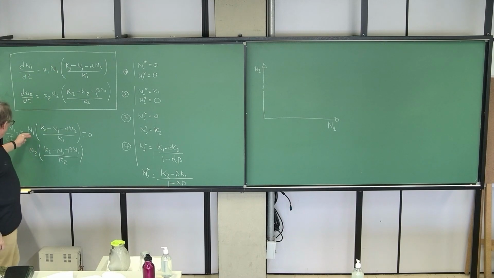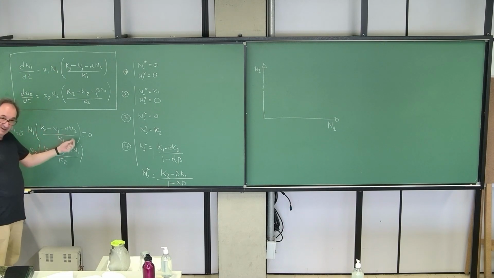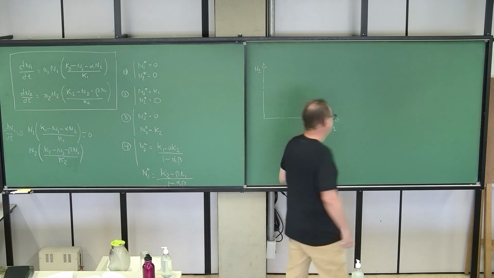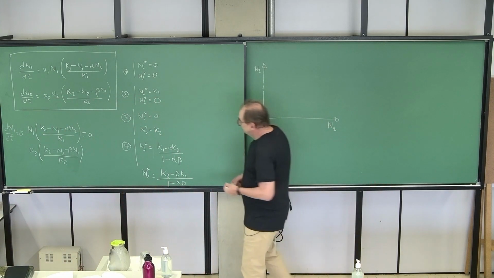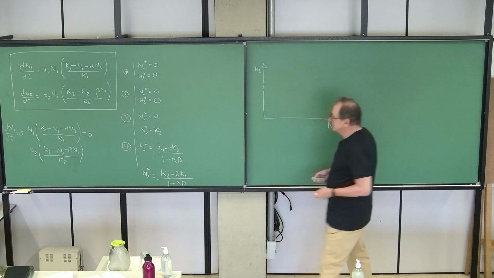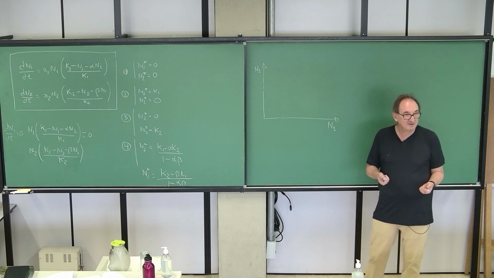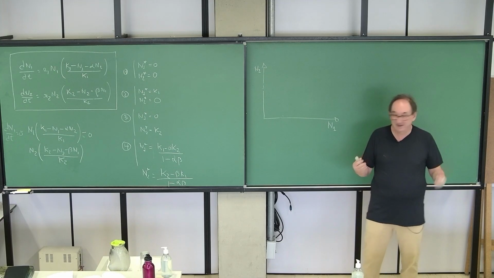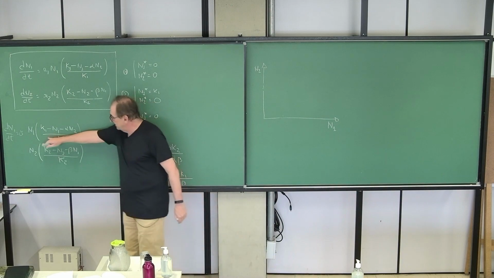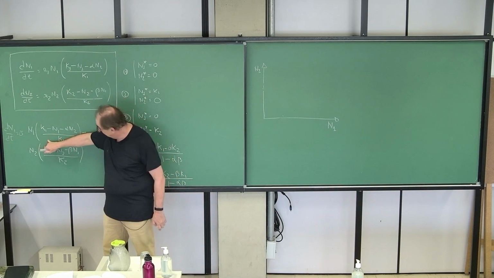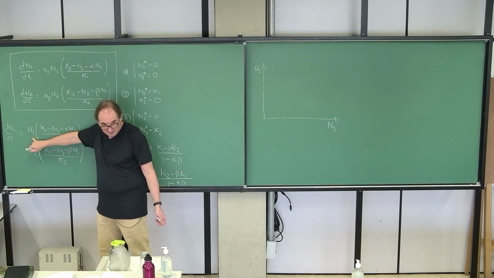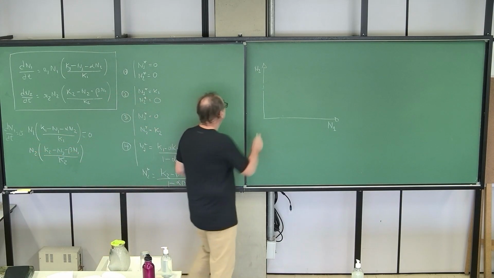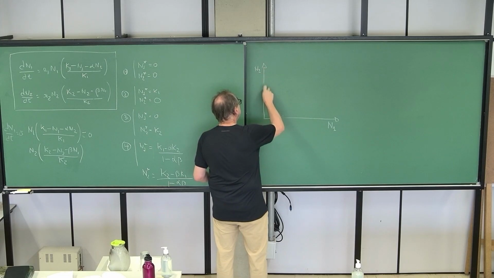Okay, where are the points on the plot where this is 0? First it is n1 equal to 0 and n2 anything. For this to be 0, only the first one, you can have either n1 equal to 0 and whatever value of n2. So this is this axis.